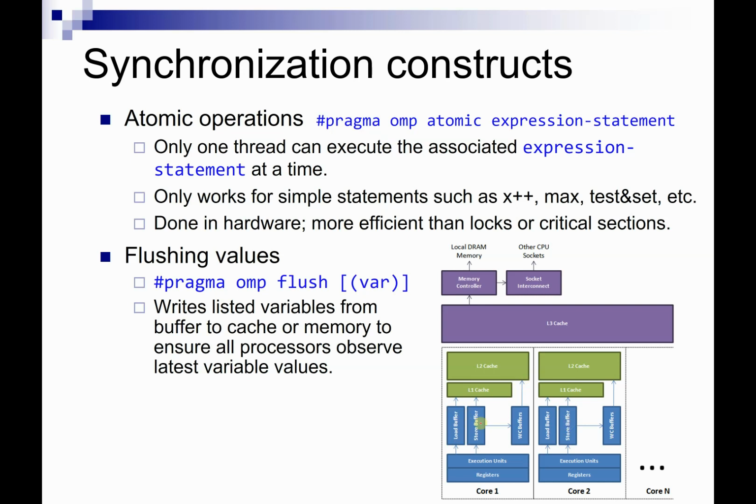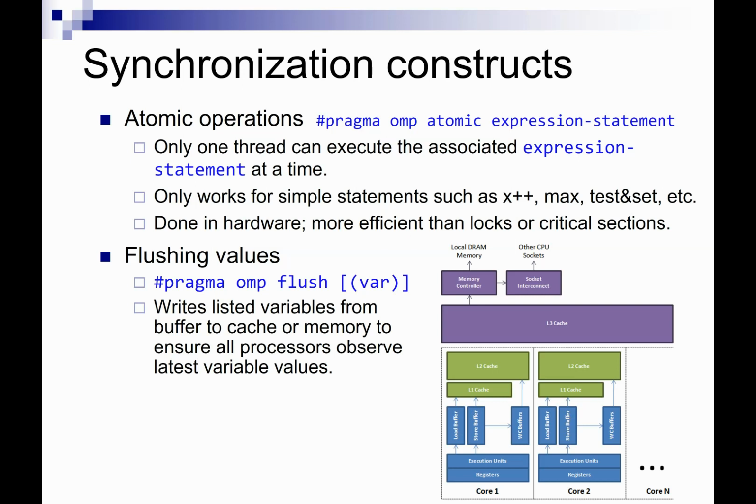So you might have modified these values and nobody knows about your modifications. That's bad because now it seems like there are multiple copies of this variable. There should only be one copy of a variable in a shared memory setting, but if the variable is stored in the buffer, then different processors could have different values for it.